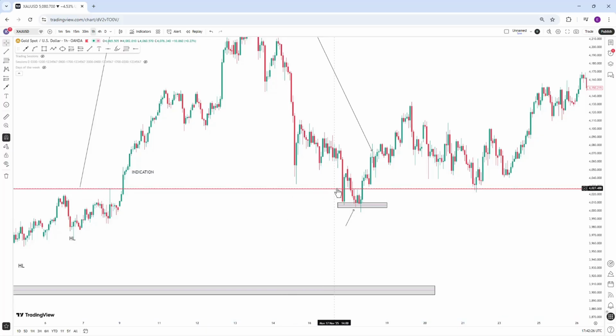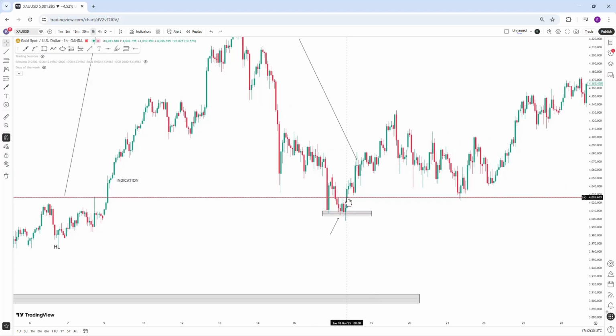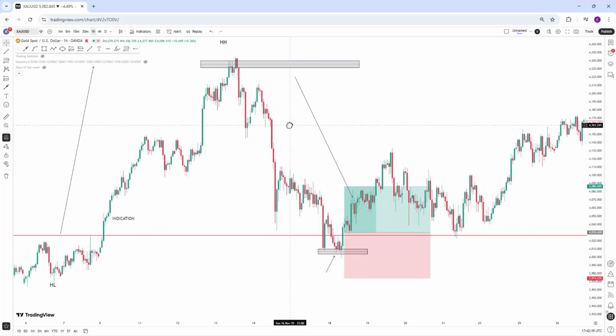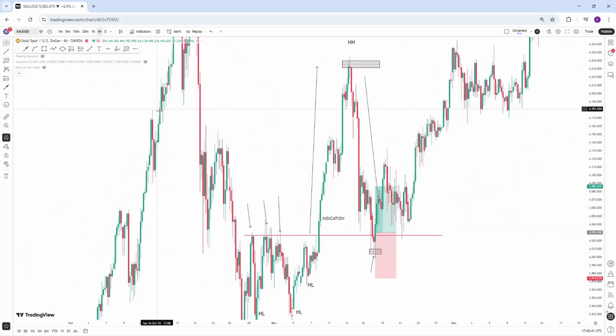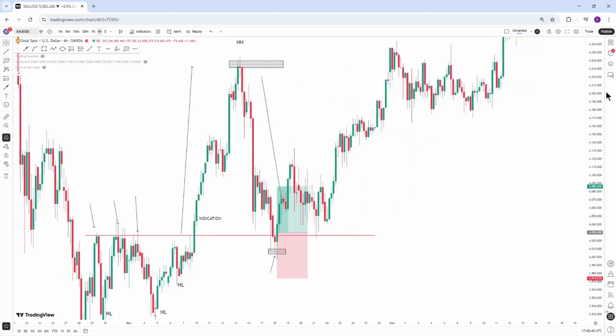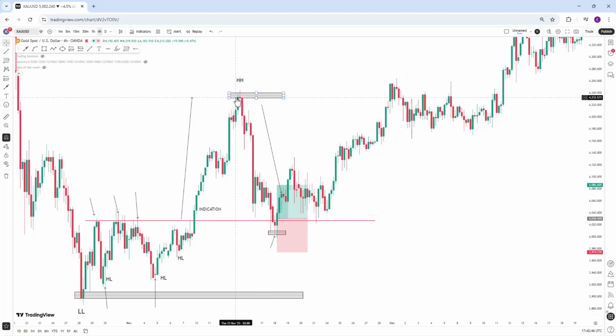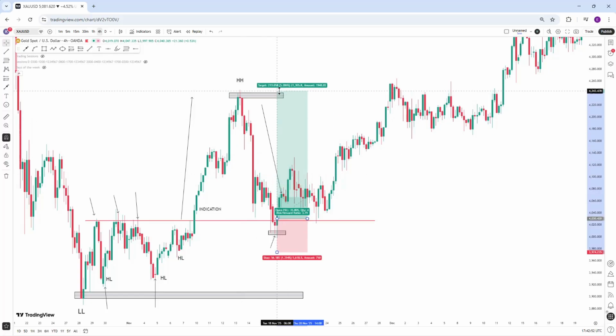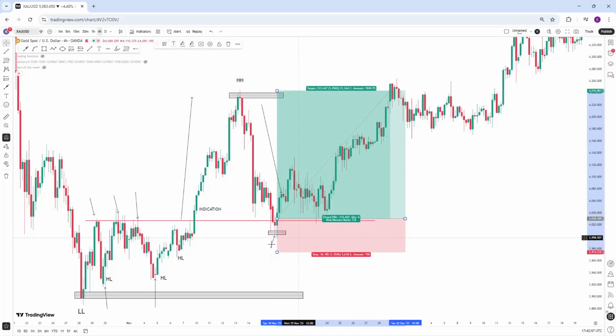Then our target level will obviously be the previous high which was made by the market. Then our stop loss below the low which was made, just about 20 points below this level.